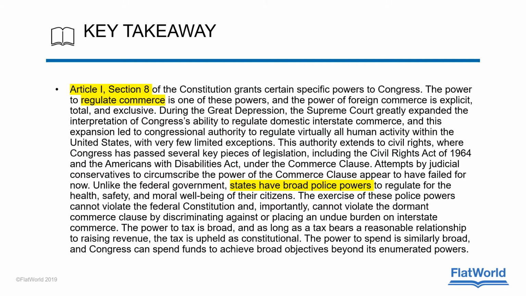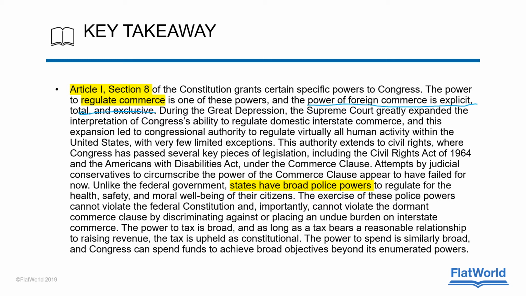Another key takeaway from the chapter is Article 1, Section 8, which grants specific powers to Congress, among which is the power to regulate commerce. The power of foreign commerce is explicit, total, and exclusive.